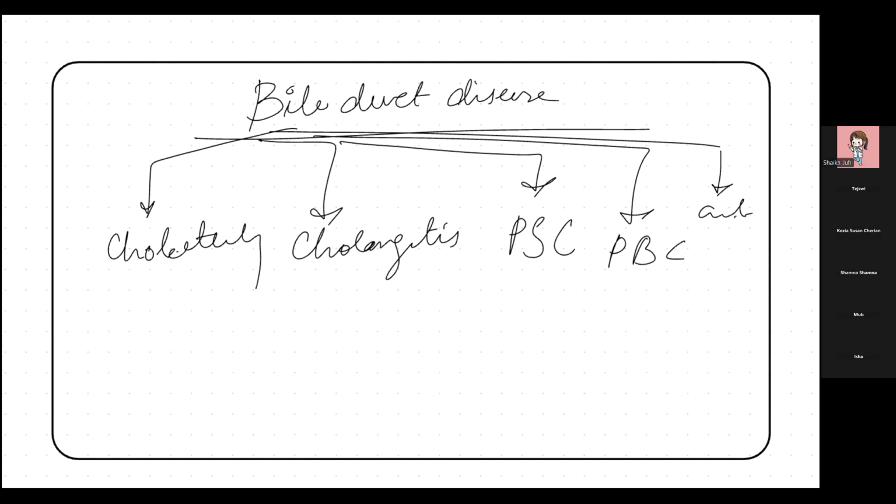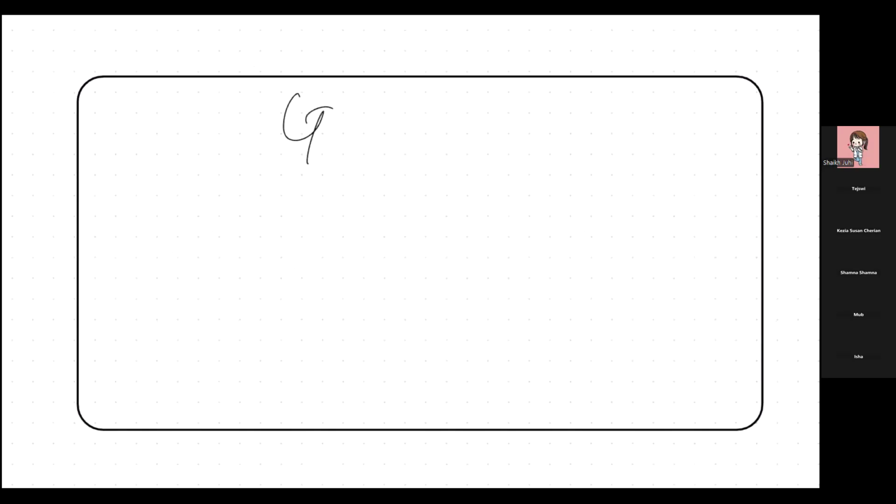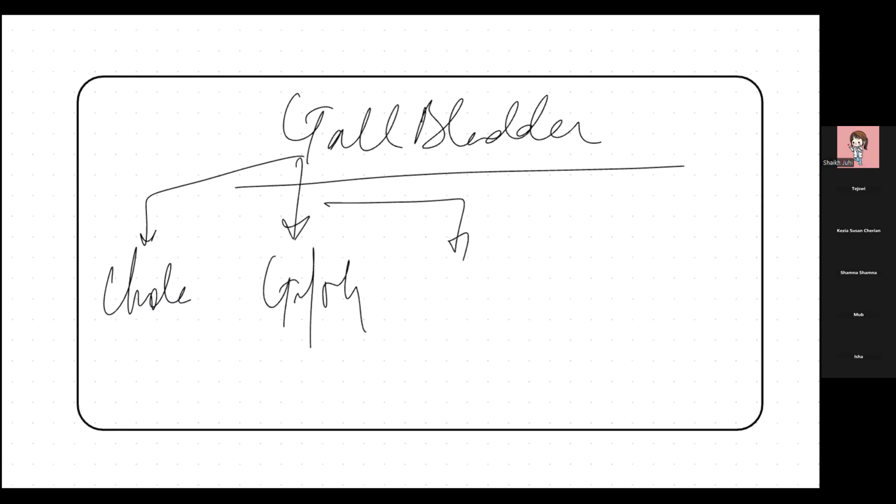Now let's move on to the last part of the hepatobiliary system. Now what can it be? It can be the gallbladder, isn't it? Now what all diseases are possible? Definitely cholelithiasis. And what else? Gallbladder polyps. What else? Porcelain gallbladder. What it is, we'll see that.